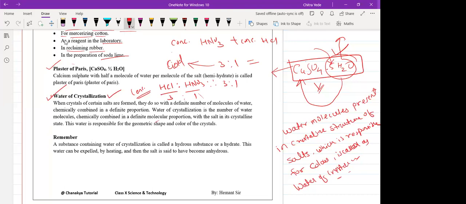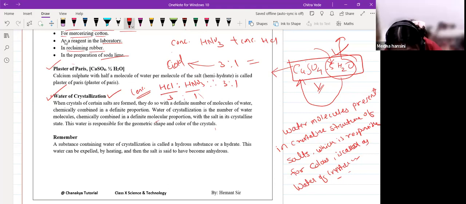It is called aqua regia, beta. 75% HCl, 25% nitric acid. Do reply.